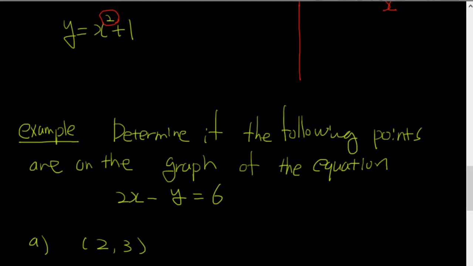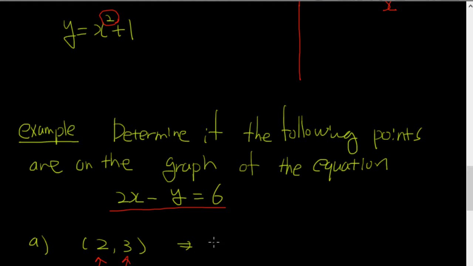All right, so what does that really mean? This is the given equation. It has two variables. See if this point fits into this equation. The first number is going to be the x value, and the second is going to be the y value. So we replace x by 2 and y by 3.